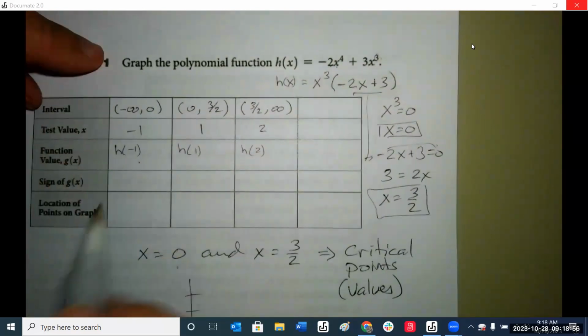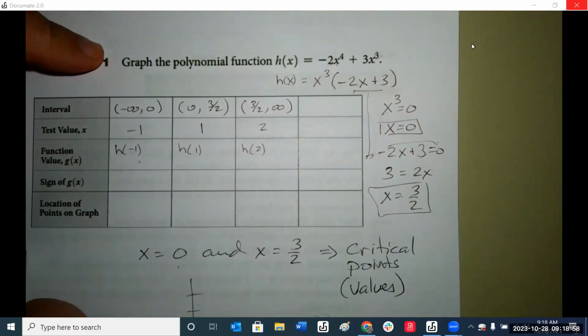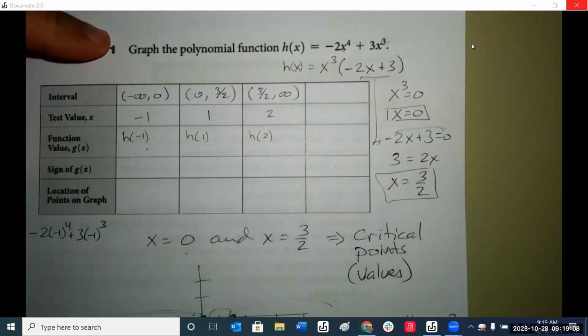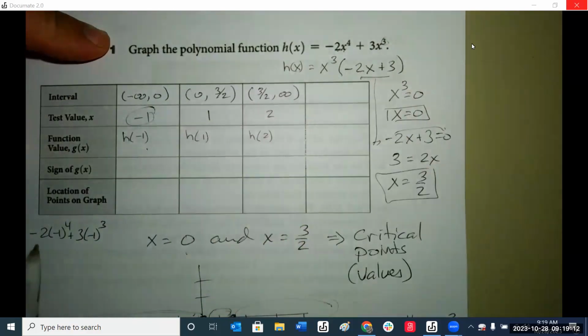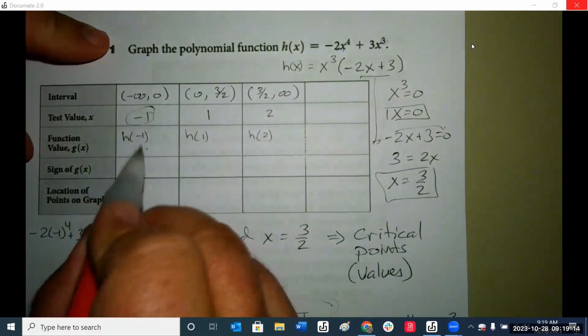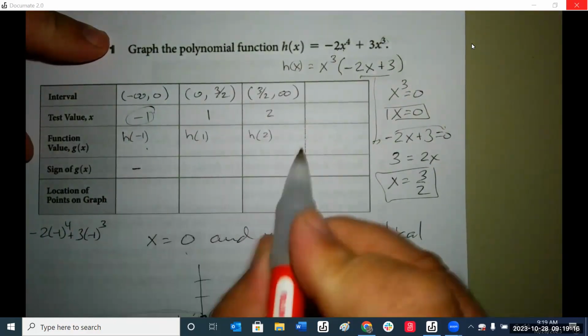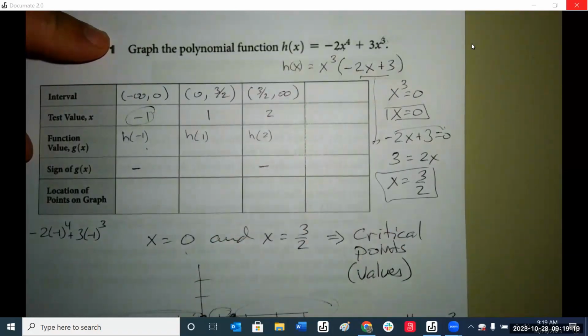So at -1, we have -2 times -1 to the 4th, plus 3 times -1 to the 3rd. I'm taking this value, plugging it into my original equation, and I'm predicting this one's going to be negative.